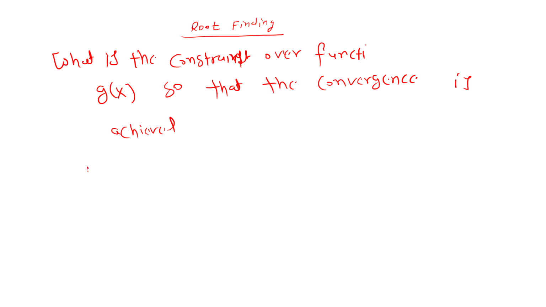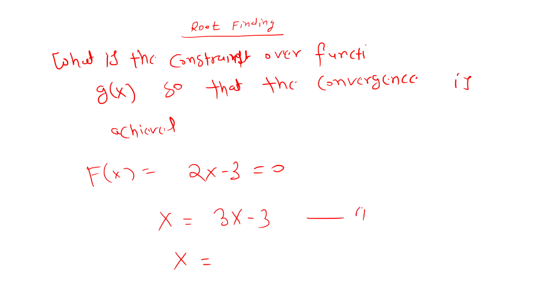Suppose f of x, 2x minus 3, is equal to 0. Then out of this we can make an expression: x is equal to 3 of x minus 3, so this can be one expression, or the second expression can be x plus 3 divided by 3.